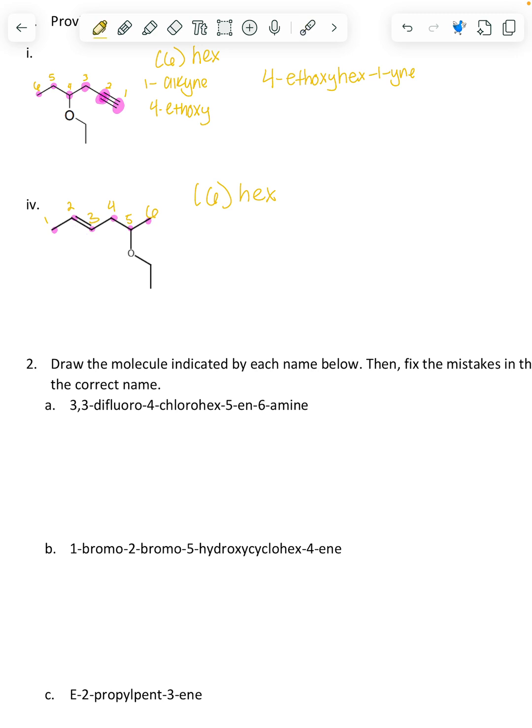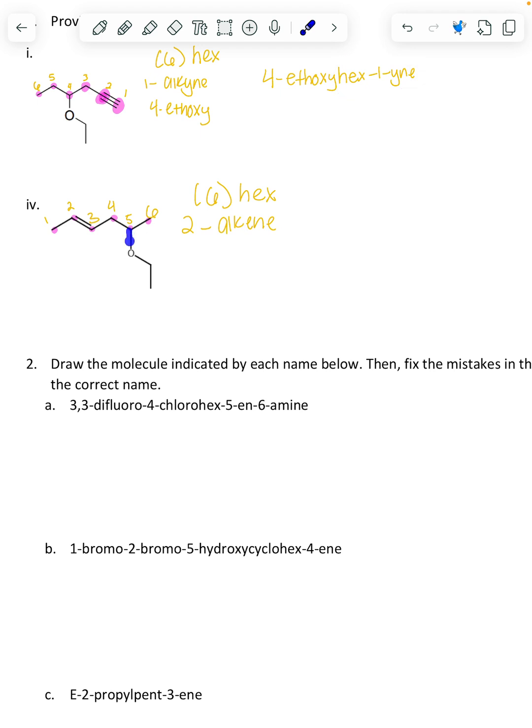And we know that double bond is ene, and that's on the second carbon. So that's why we need to identify that the 2 goes before the ene. Same as up here, we're going to add this ene right after the hex once we get the final name.